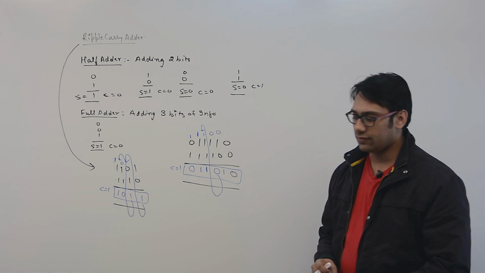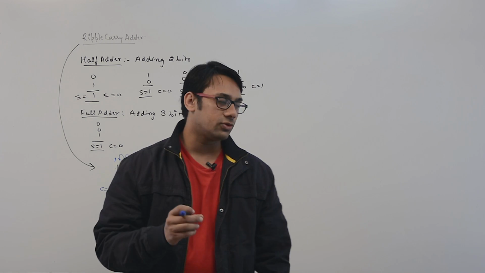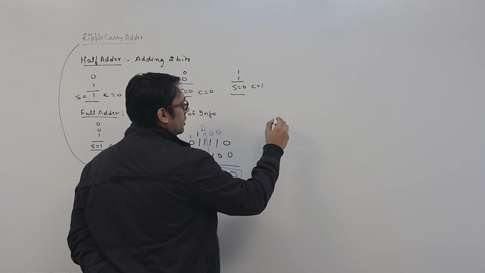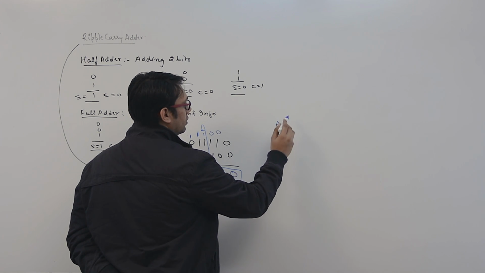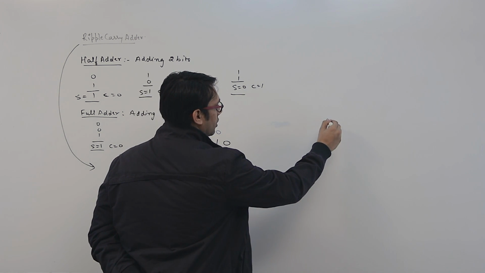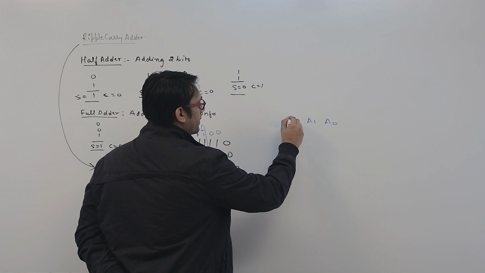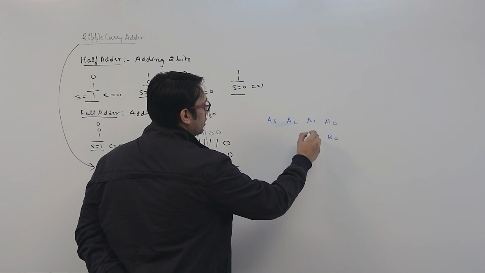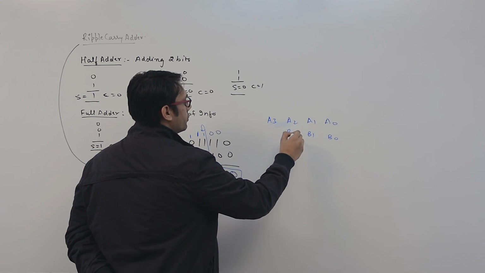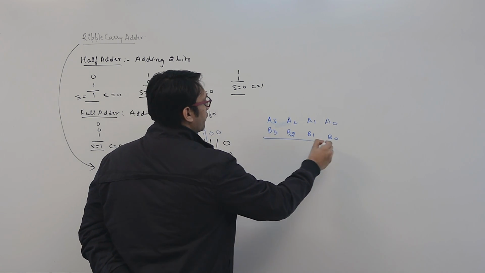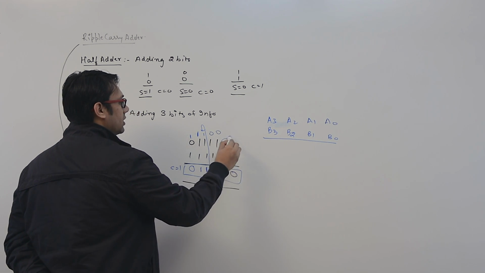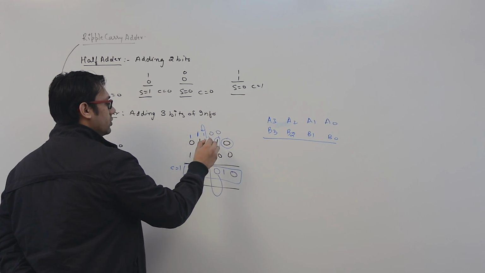Now think about how we can implement this. Before that, let us see, if you are having 2 sequences, assume the first sequence is A0, A1, A2, A3, and the second sequence is B0, B1, B2 and B3, where A0 is representing this digit, A1 is representing this digit, A2 is representing this digit.